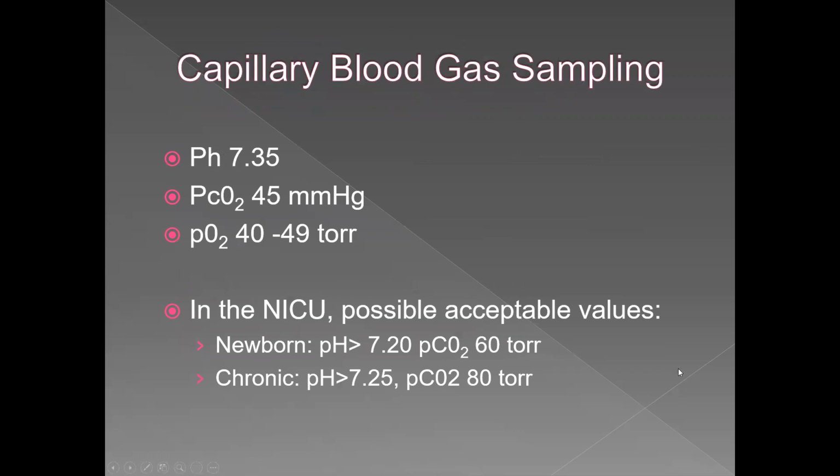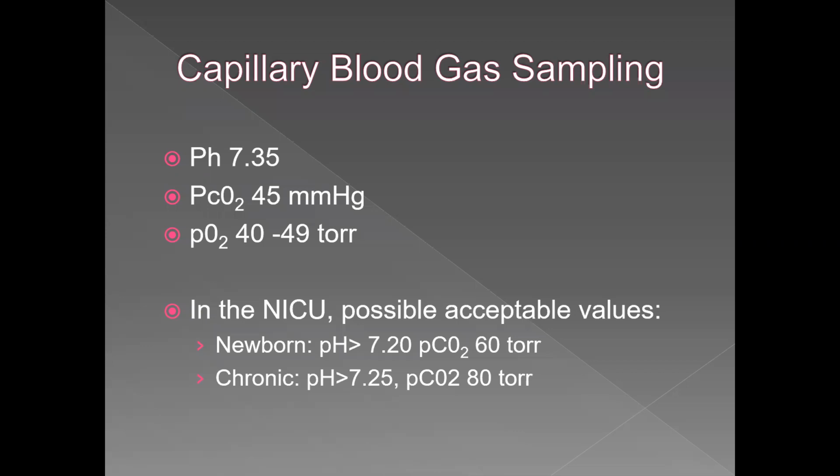So I'm showing you normal capillary blood gas values. It looks like the acidotic side of a normal blood gas for an adult, as far as the pH and the PCO2. Our normal range is 7.35 to 7.45, and 7.35 we say is on the acidotic side.